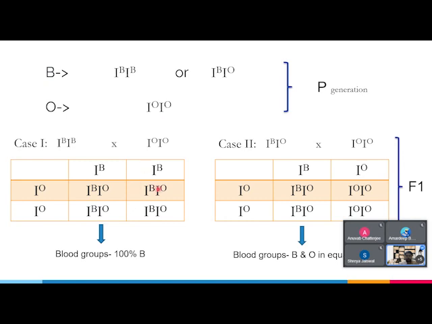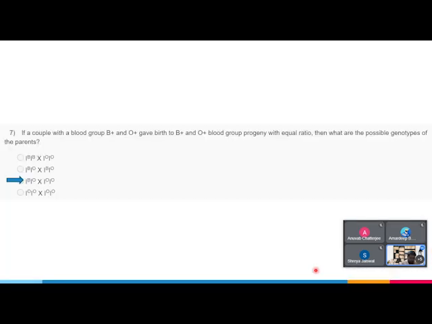When we do the Punnett square analysis, one cross gives 100% B blood group as the phenotype, and the other has an equal number of B and O phenotypes. Thus the answer to the question, what is the possibility for B positive and O positive progeny in equal ratio, is option C: one parent with heterozygous B blood group and the other with O blood group, IBIO and IOIO.